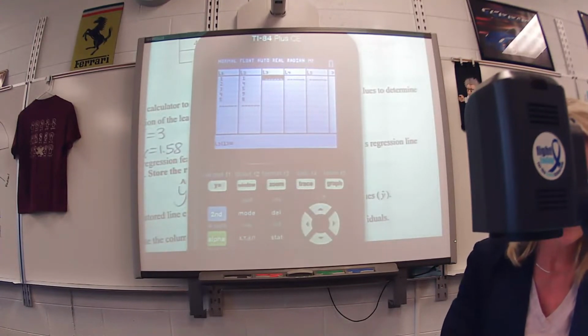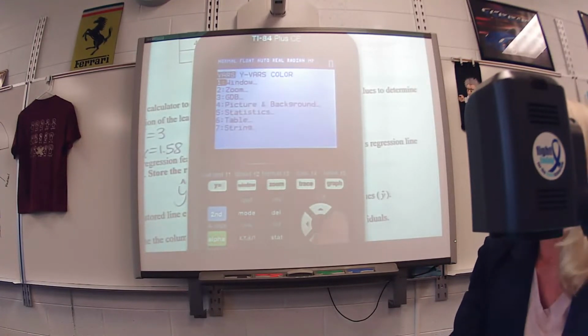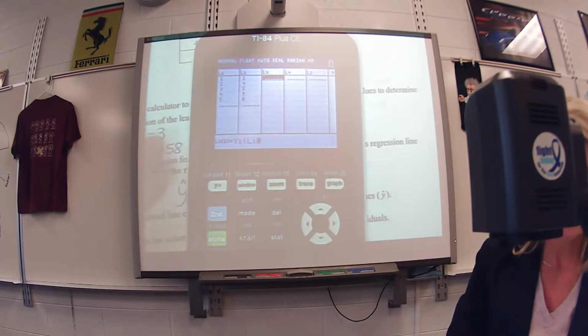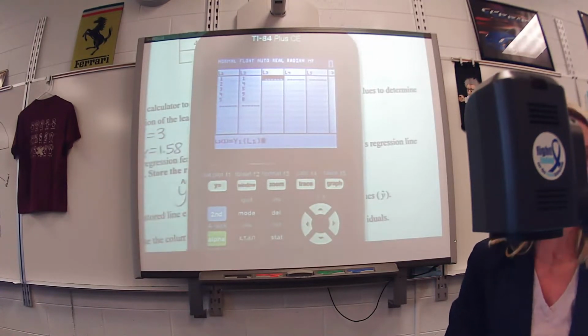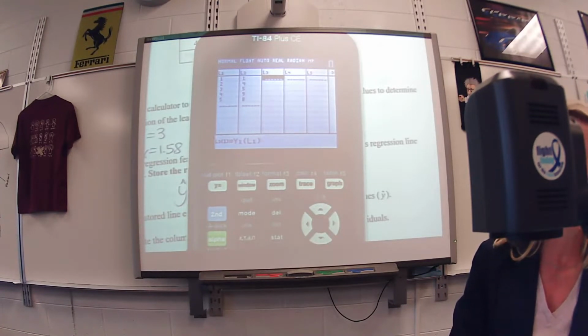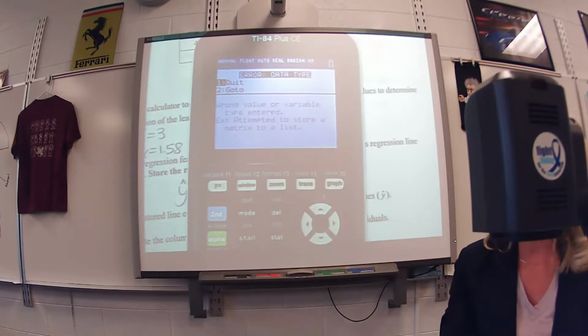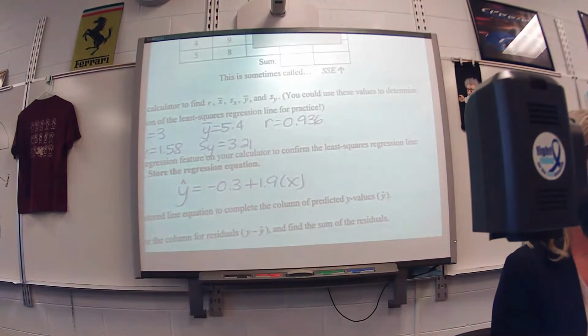Okay, so I would hit variable, Y variable, function. I chose 1, and then in parentheses, L1. If you didn't do that, it doesn't know what to do, because you're telling it to try to multiply a function times a variable, and it would be very confused. Okay, it has to literally be function notation. You have to literally make it like function notation.